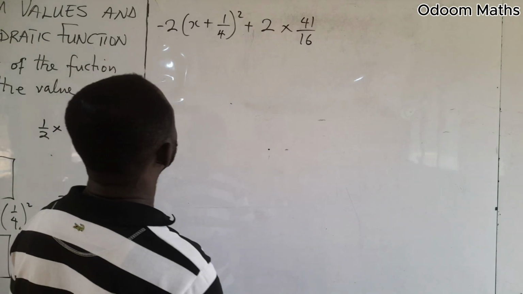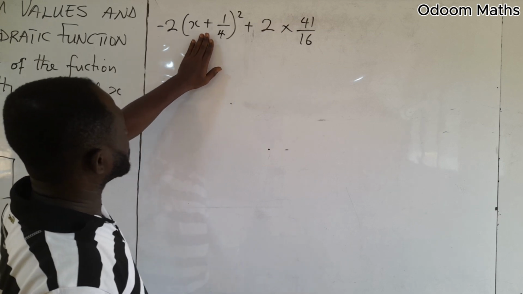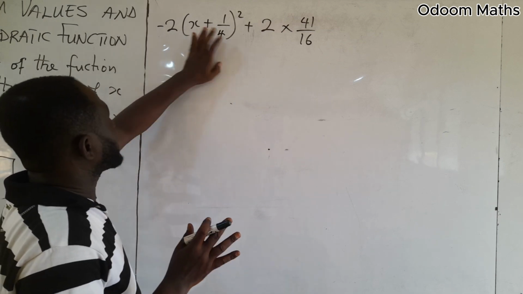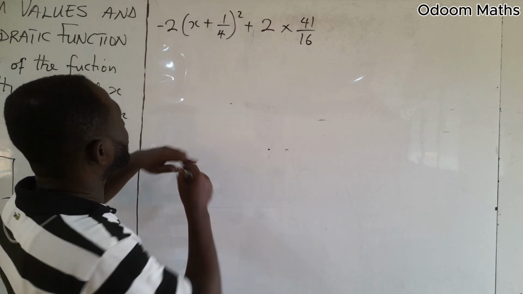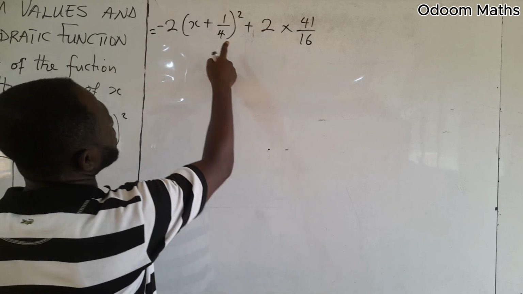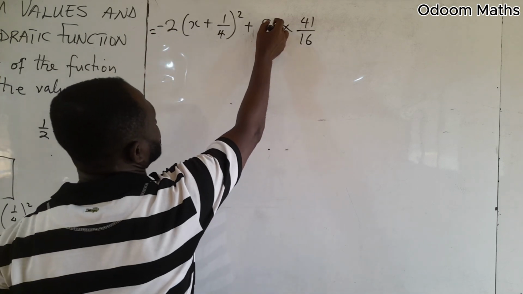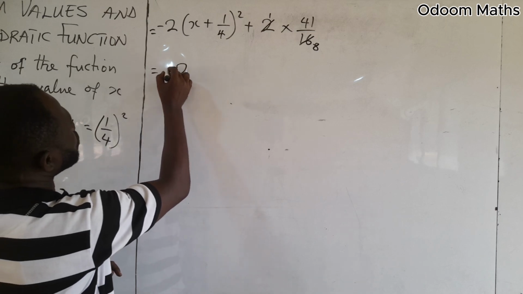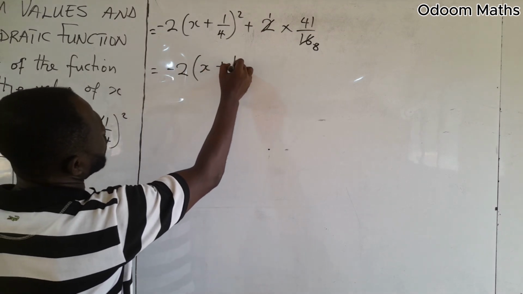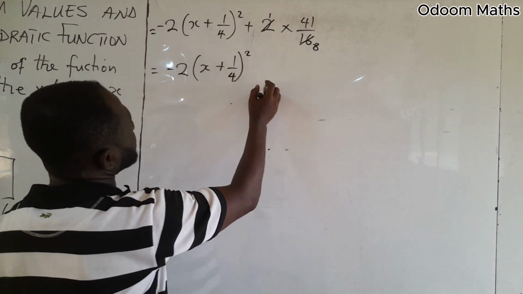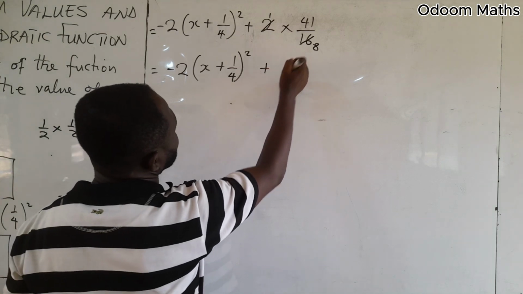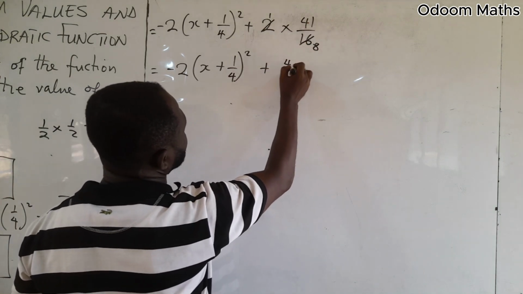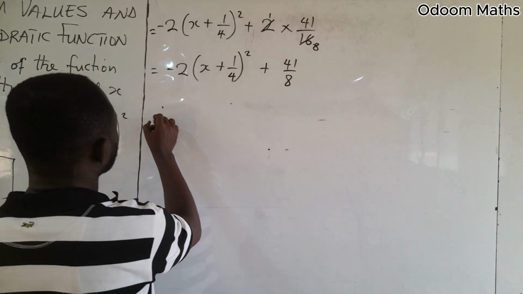Please, what is in this bracket, don't expand, just leave it as I've done it. So this into itself, 1 here, 8. So we have negative 2 into brackets x plus 1 over 4 squared, then plus 41 over 8.